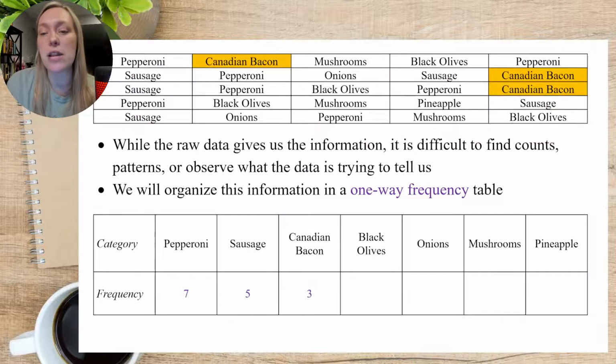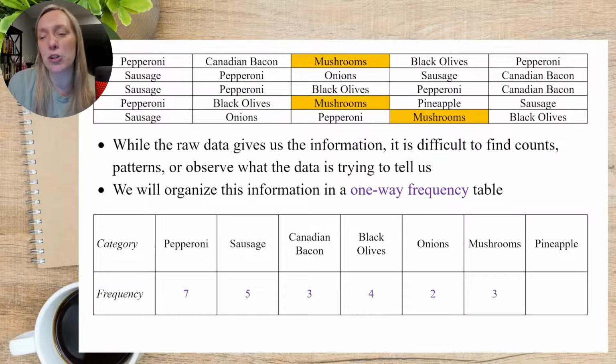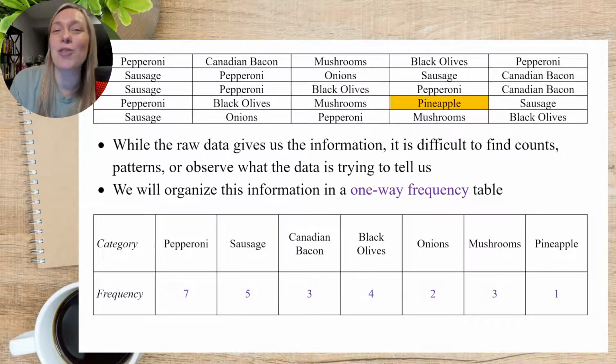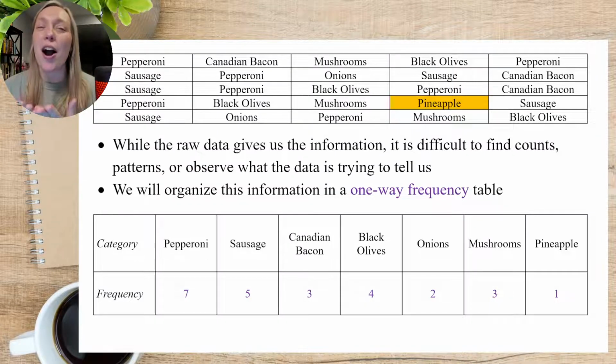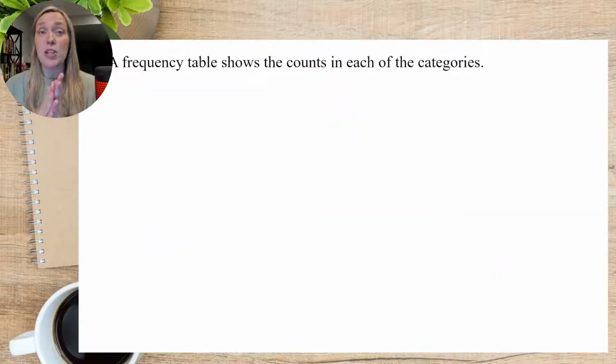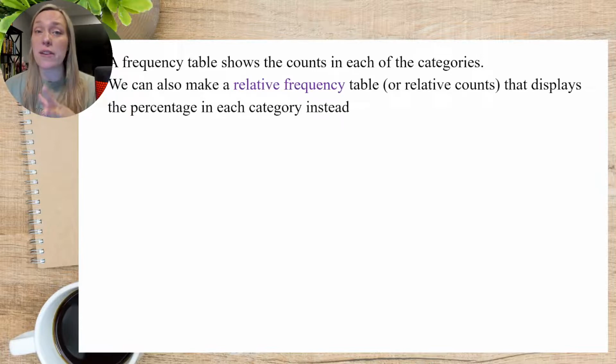Canadian bacon, 3. Black olives, 4. Onions were 2. Mushrooms were 3, and one crazy teacher put pineapple down as their favorite pizza topping. So crazy. But that's going to be our one-way frequency table. The frequency table shows the counts in each of the categories.